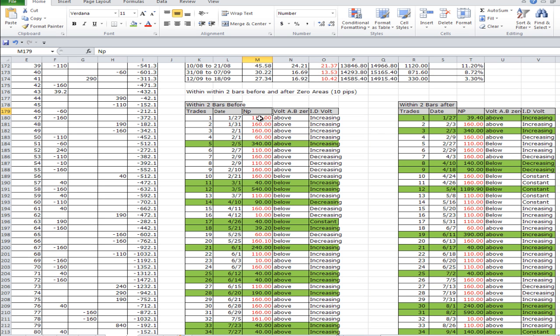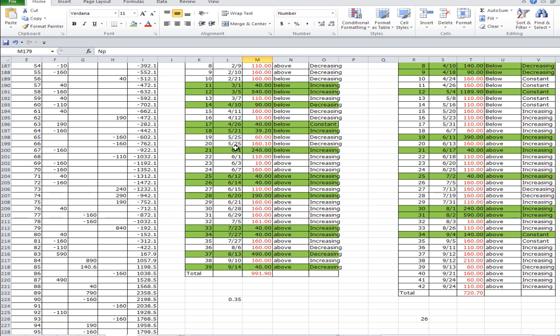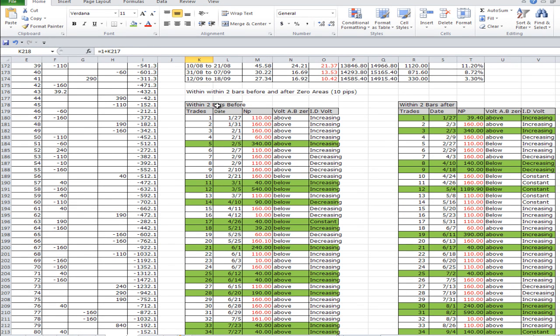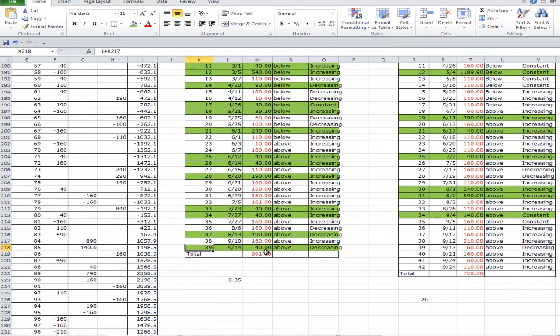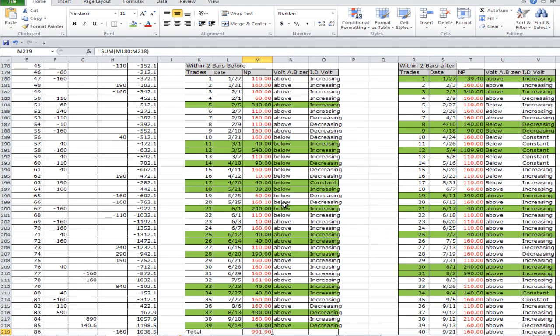What was interesting was that for this exercise, the overall profit or loss ended up with 39 trades. This is taking trades before the key level, so within 2 bars of the key level, so 10 points. The overall result was that it was negative $991.